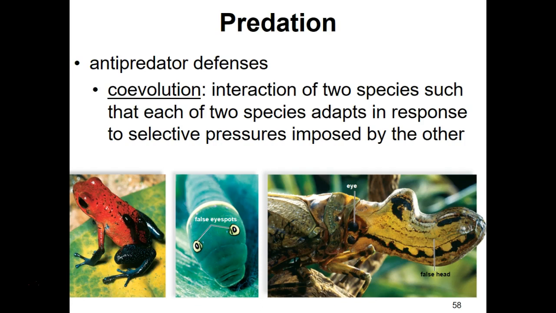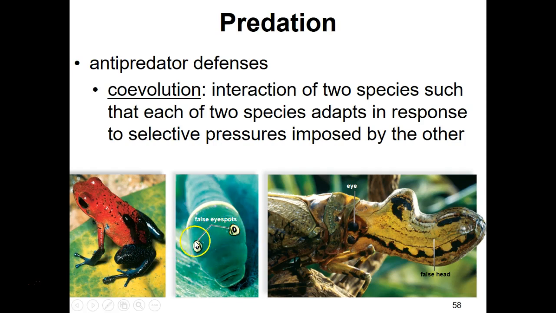So here we see frogs that have these bright red or bright colorings that tell other organisms that they are poisonous. Here we have a caterpillar that has eye spots.